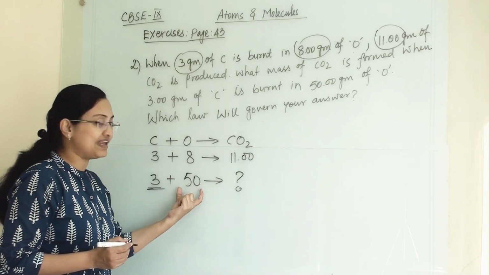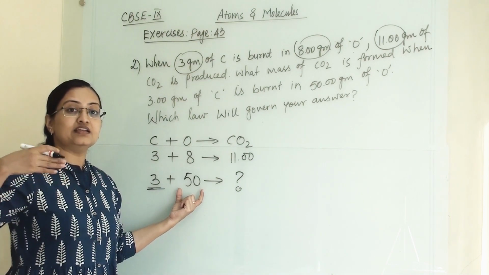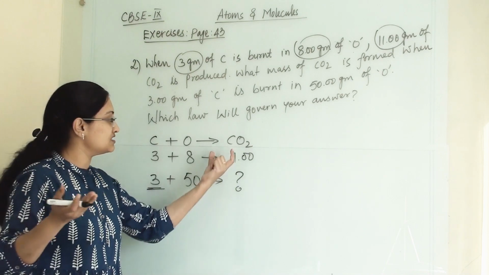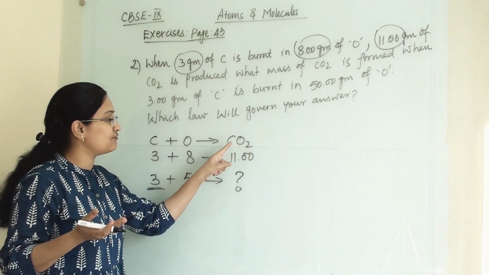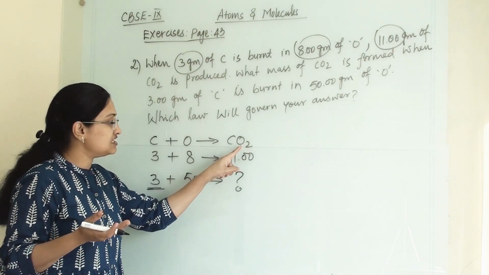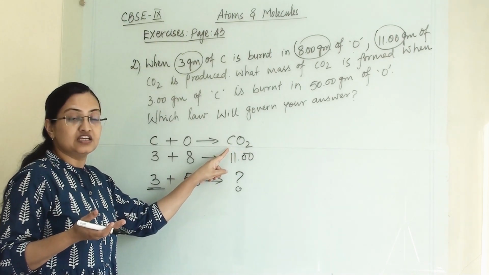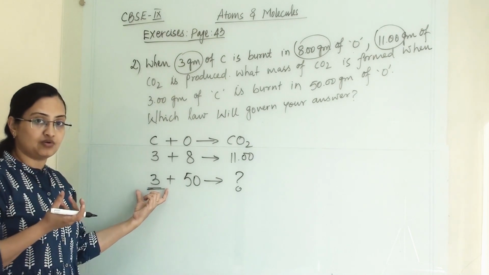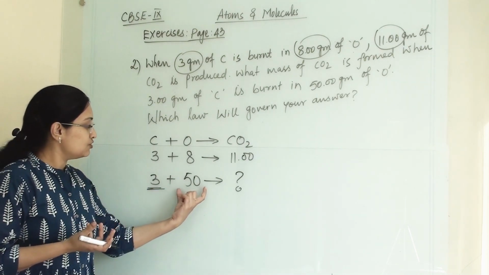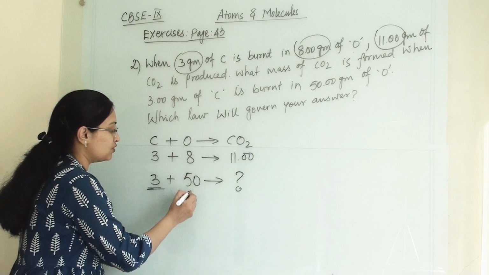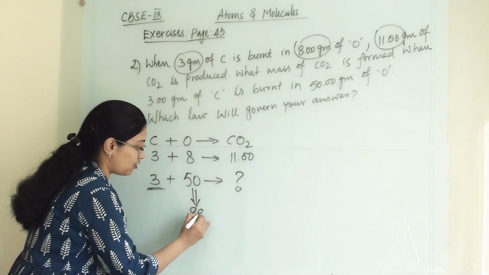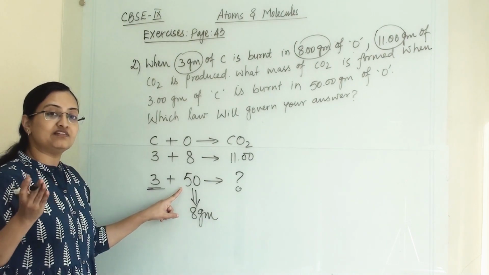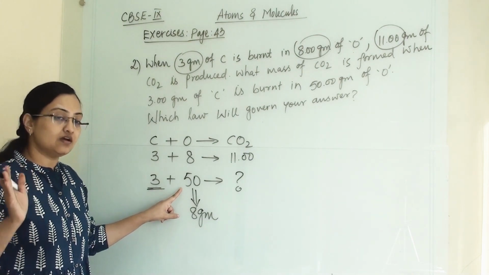If only one element you are taking in high proportion, that doesn't mean our yield will be high, because it has to combine in a fixed ratio. We have carbon in limited amount, only 3 gram. So we require only 8 gram of oxygen, and if there is more, it will remain unreacted.